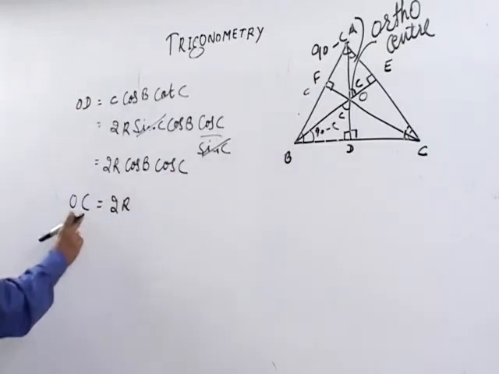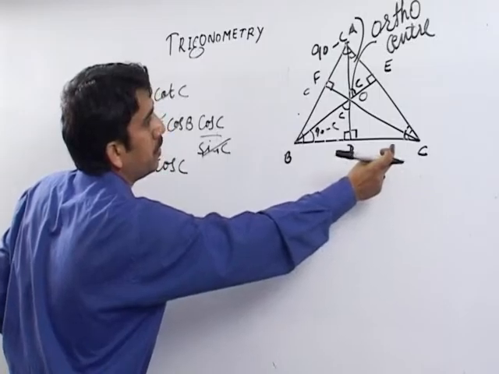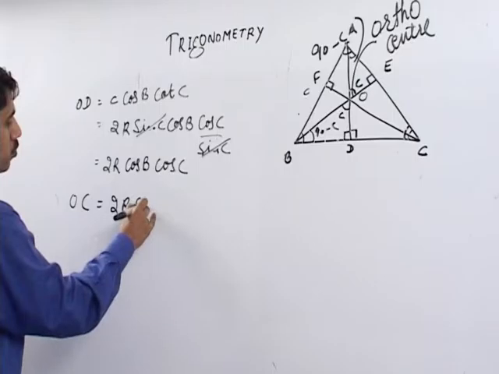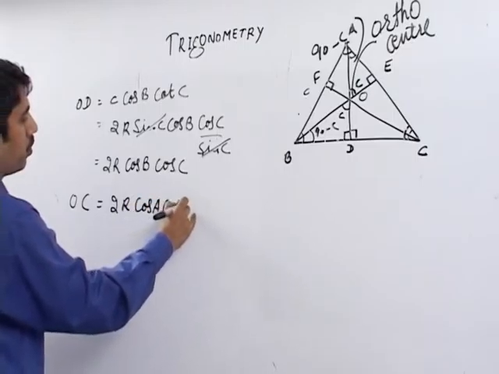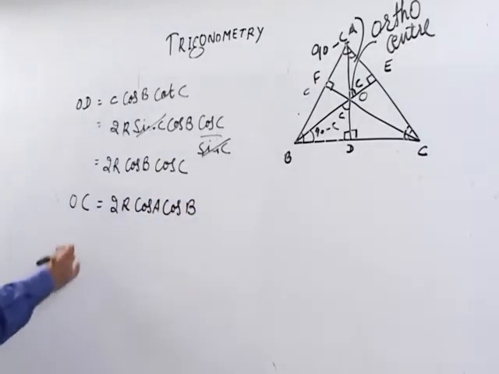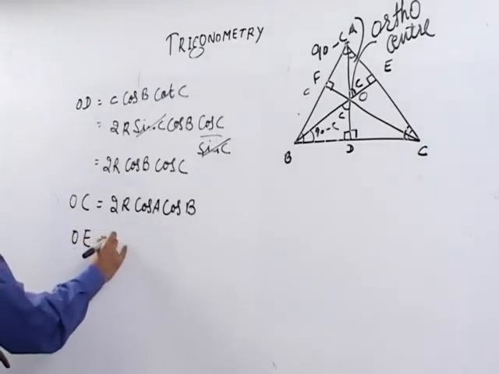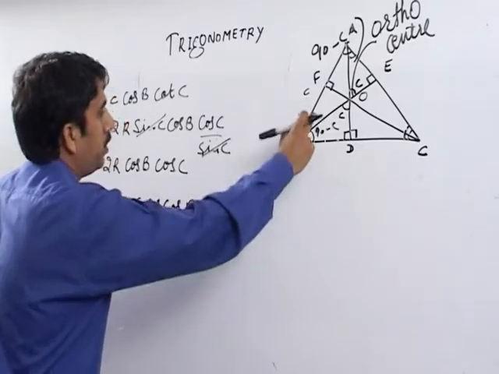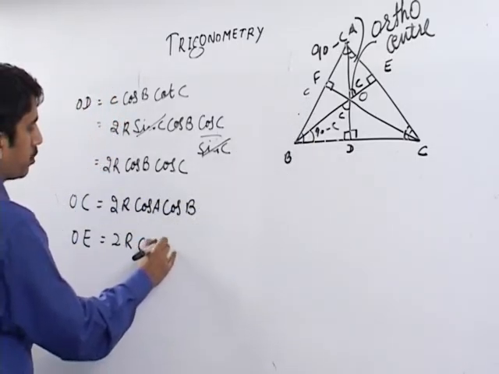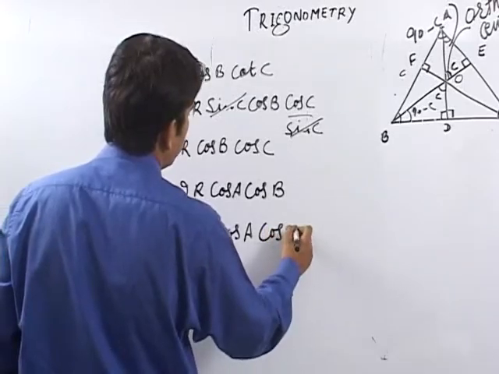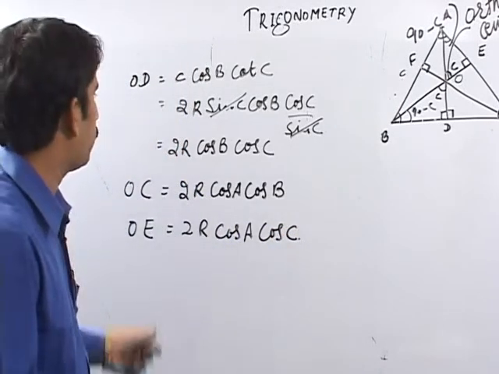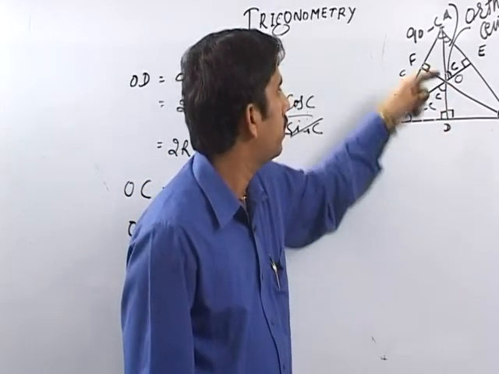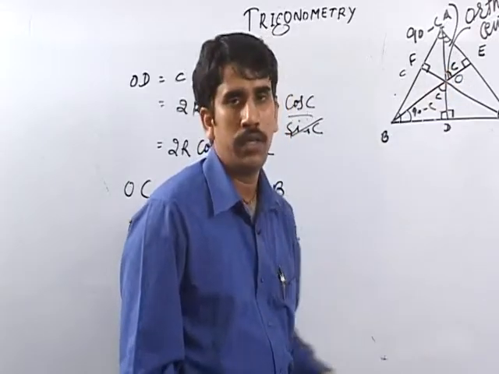That's why in OC, which is opposite to angle C, this will be 2R cos A cos B. Similarly, for OE, this will become 2R, and since this is opposite to angle B, angle B will be absent. This will be equal to cos A and cos C. These were the distances of orthocenter from the sides BC, AB and AC.